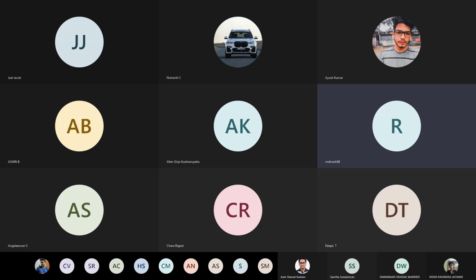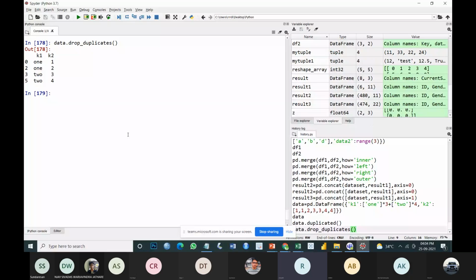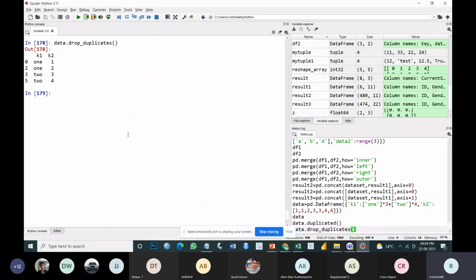Yes. So in this session, we'll discuss in detail data visualization. For that, we use the matplotlib package.